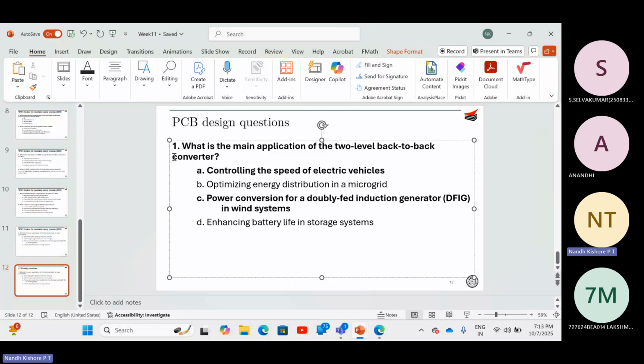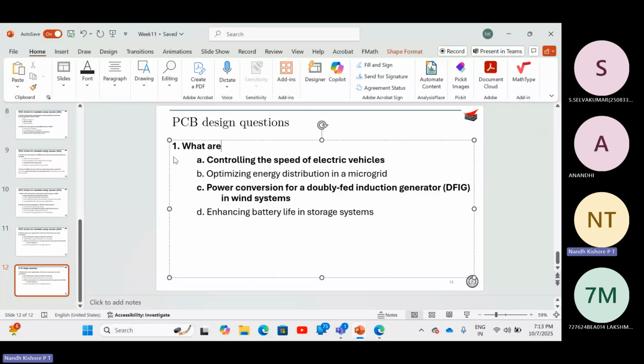The first question is, what are the basic steps of PCB design and manufacturing?